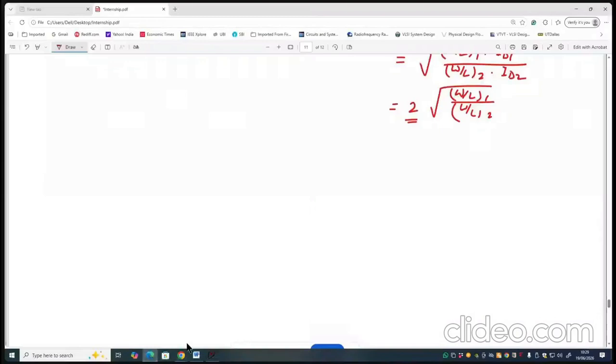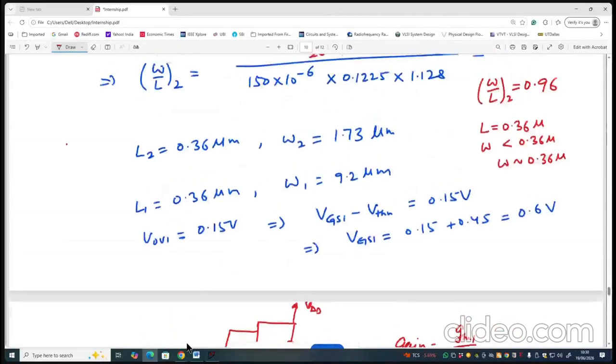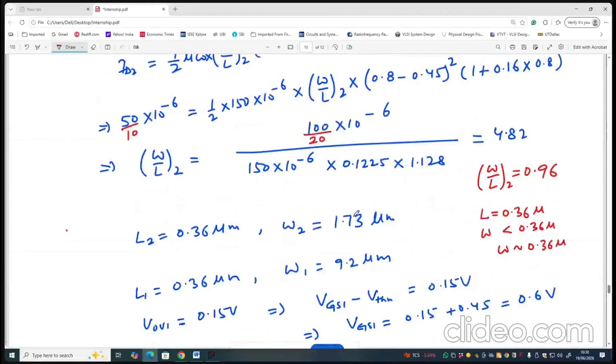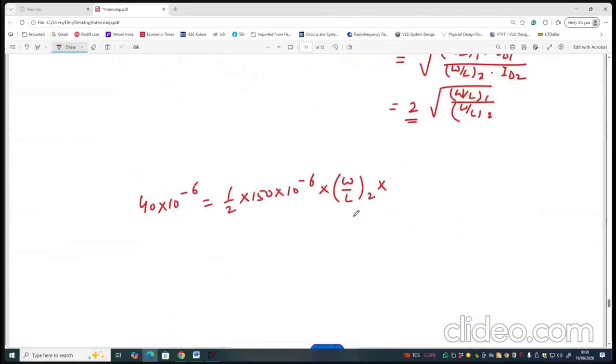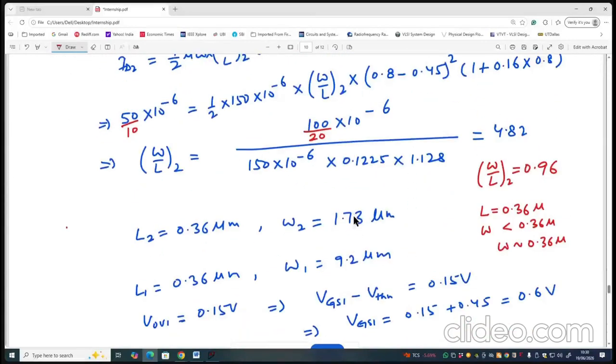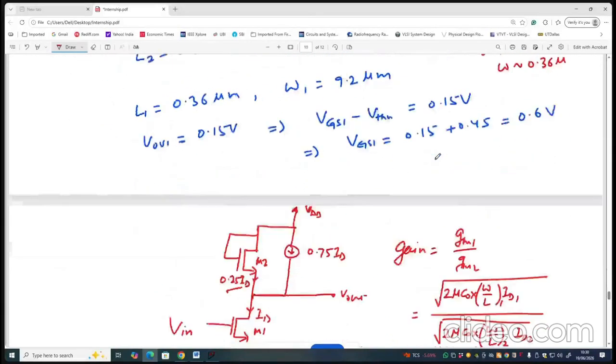Then we can have 40 into 10 to the power minus 6 is equal to half into 150 into 10 to the minus 6 into W upon L2 into what was this fraction? This came out to be 0.1225 into 1 point something we already calculated, 1.128.